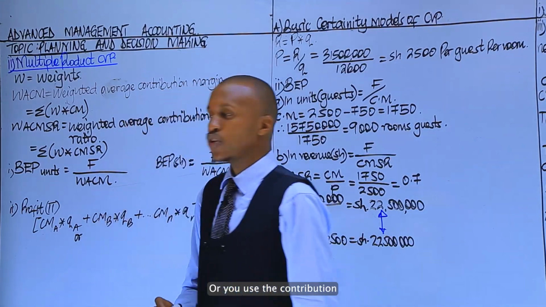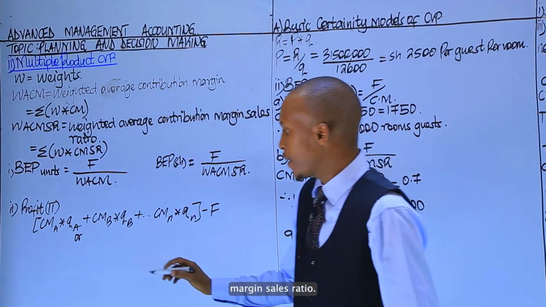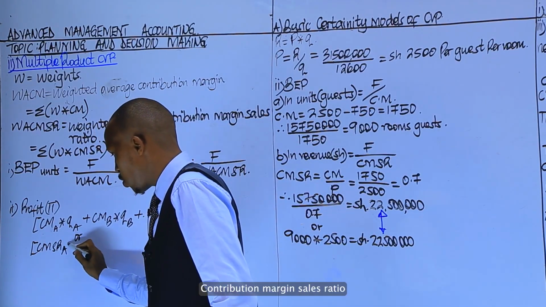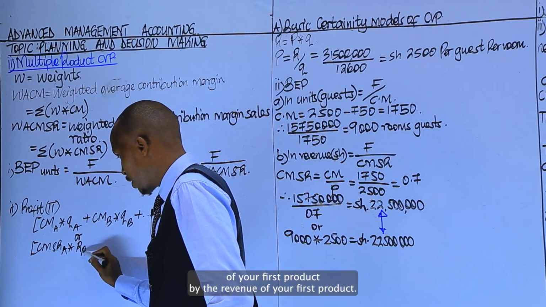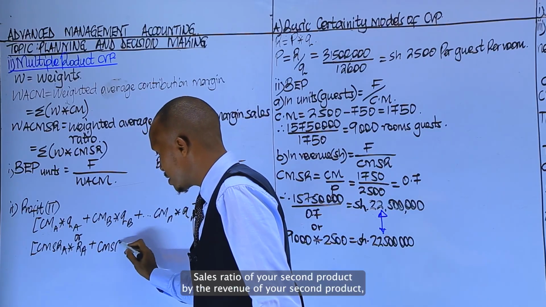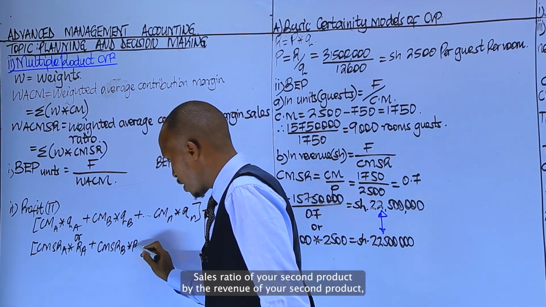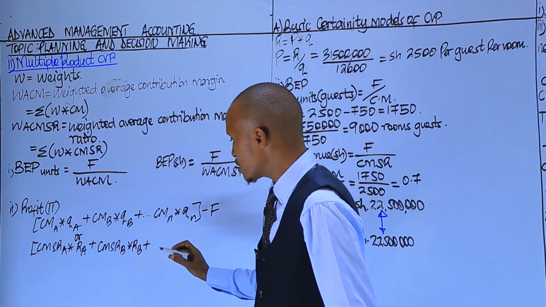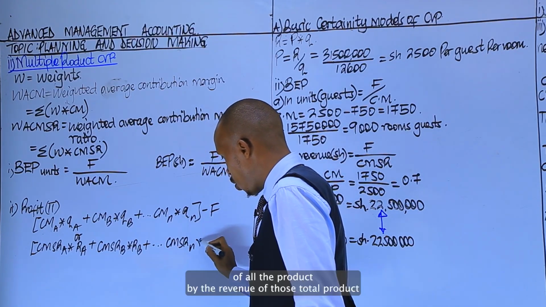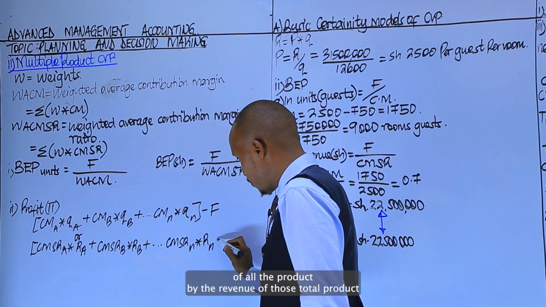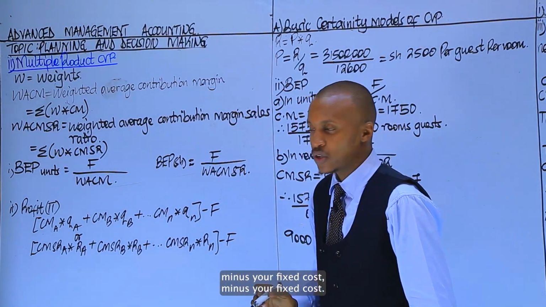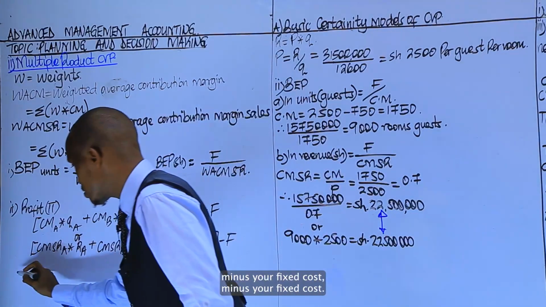Or you use the contribution margin sales ratio of your first product by the revenue of your first product plus that of your second product by its revenue, and so on for all the products, minus your fixed cost.